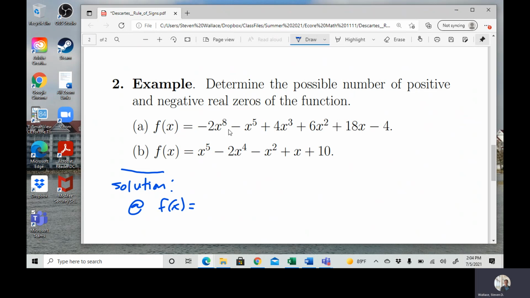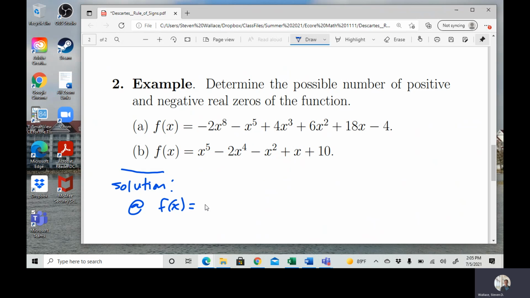Okay, but not necessarily. There could be some, and that's with multiplicity. There could be some that are imaginary or complex, right? So the fundamental theorem of algebra says that there are exactly 8 complex zeros of this polynomial, but not all of those might be real. But Descartes' rule of signs is really simple.